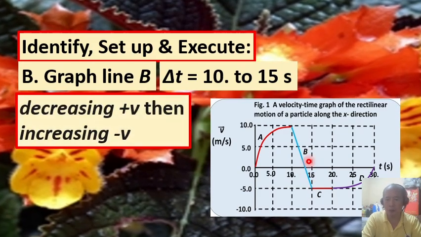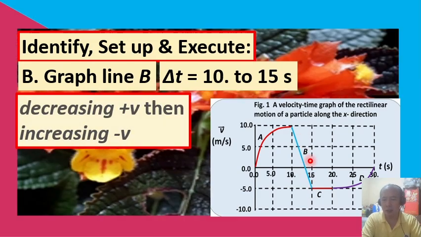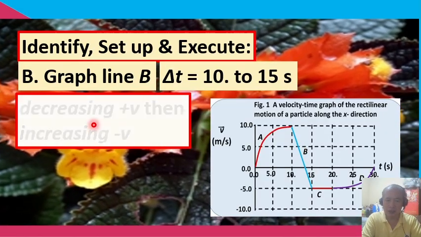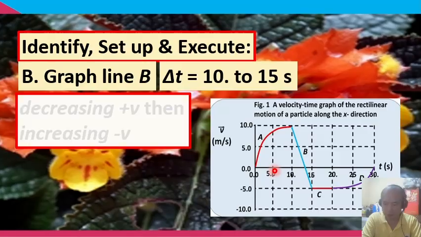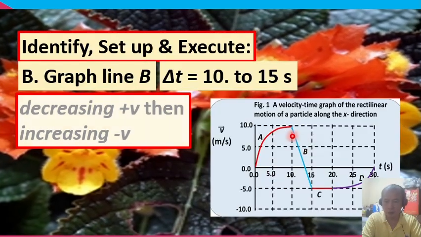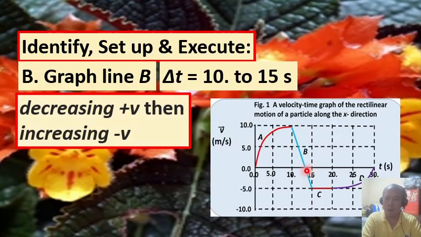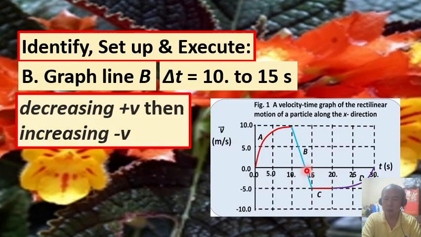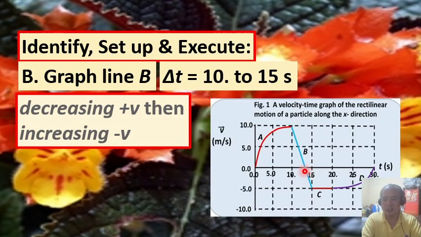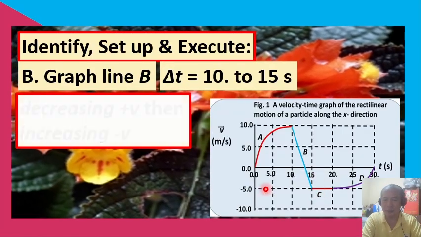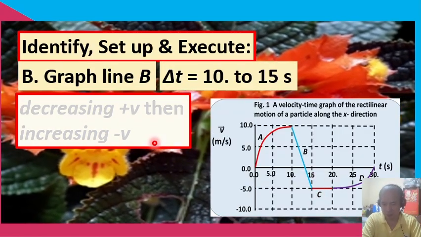So it is safe, therefore, to say that the particle's velocity is decreasing positively, all right, approaches zero, okay, at an instant, and continues with an increasing negative velocity.